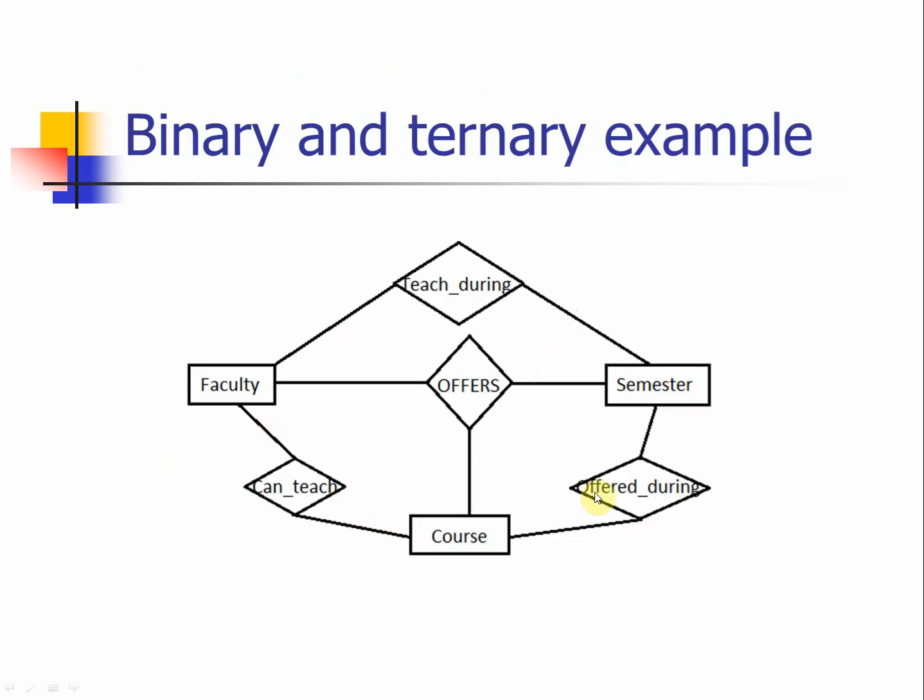So you have all of the binary relationships that try to capture the basic information, and then when you need to use the ternary relationship information, we still have offers that connects 3 entities as a relationship. So this is something very special.